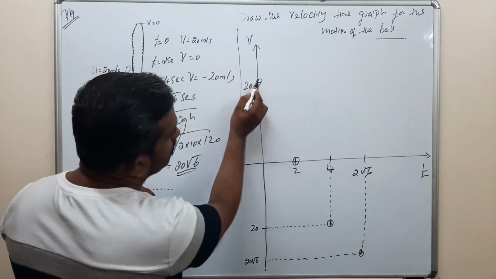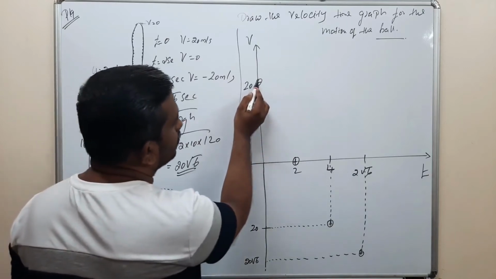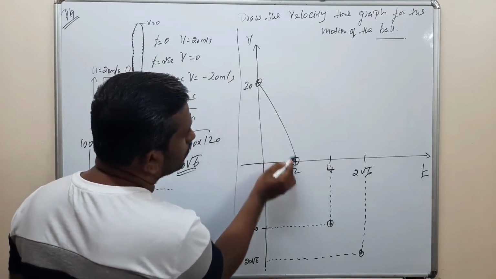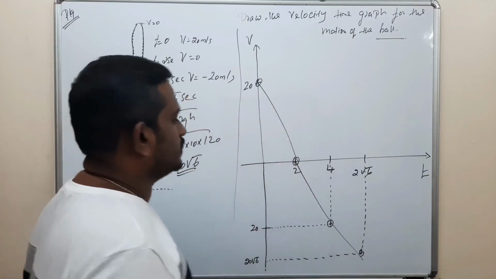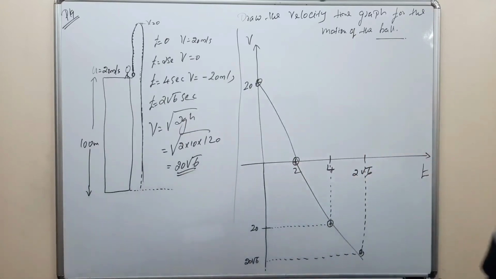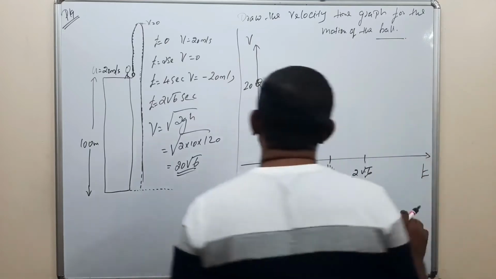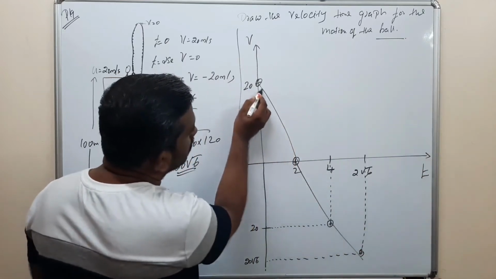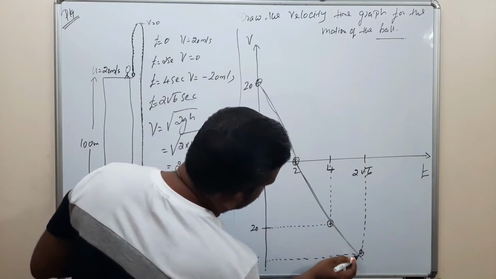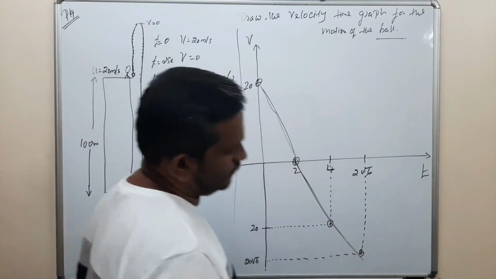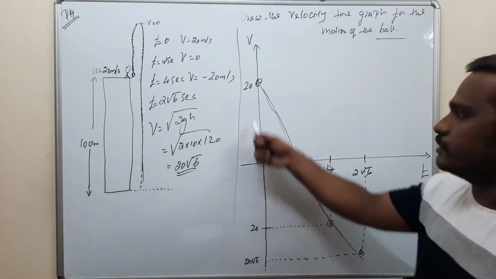Slight bend is there in the graph. So this is the velocity time graph. At time t equals 0, the velocity is 20.